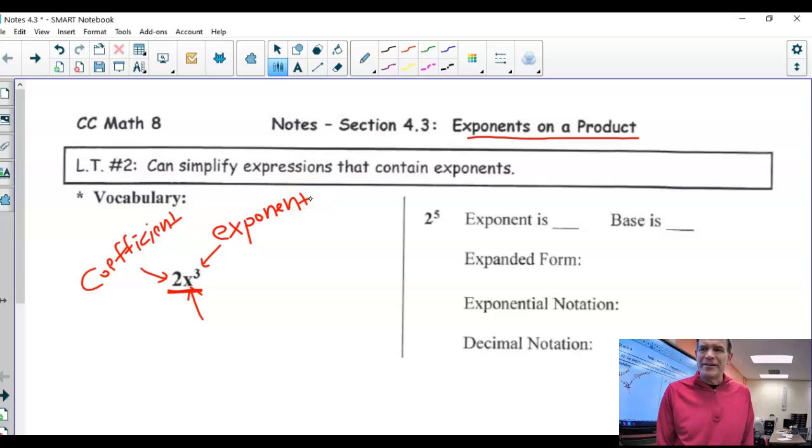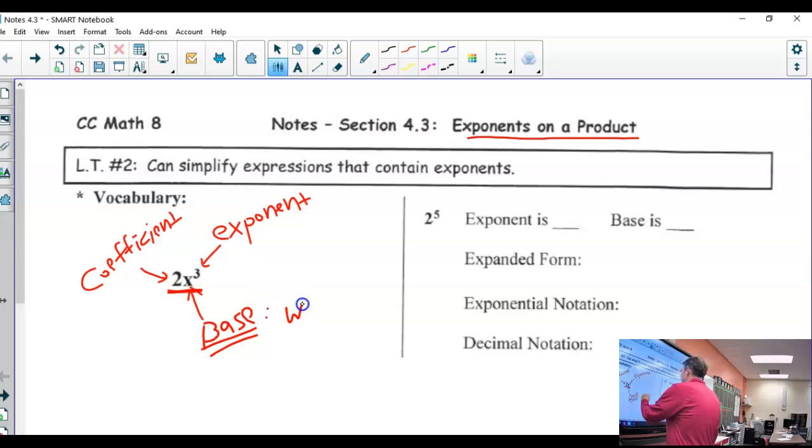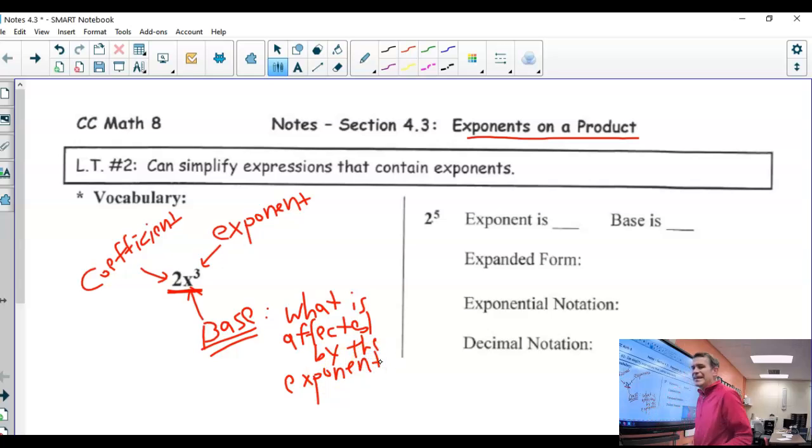Now, the x is a variable, but in this case, I'm not talking about it as if it's a variable. I'm talking about it as the thing under the exponent, and the thing under the exponent is called the base. The base is what is affected by the exponent, or whatever the exponent is on is called the base.